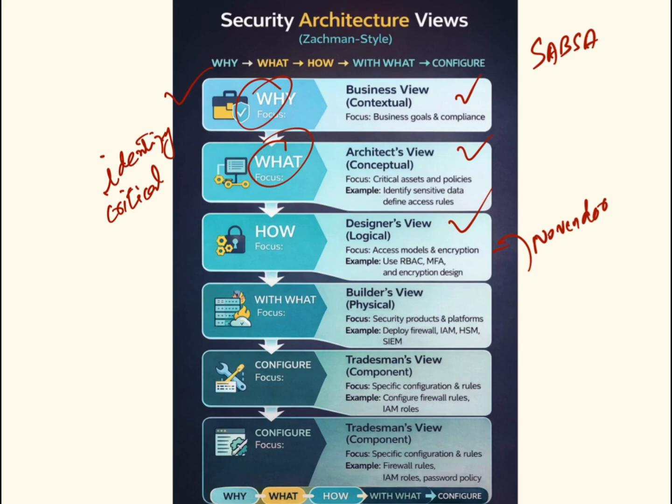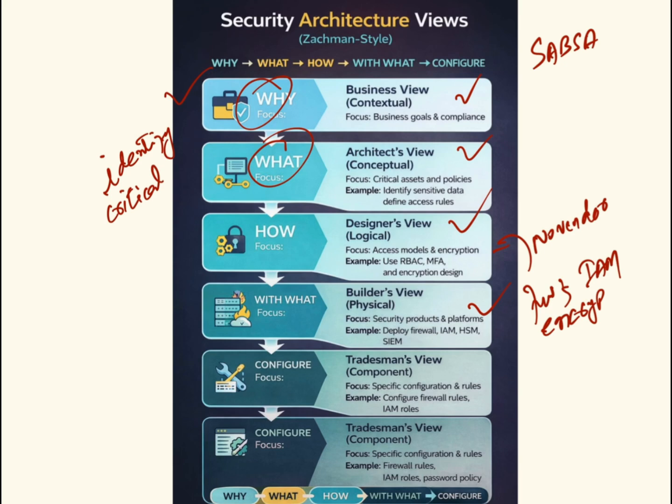So what needs to be done? Then builder view, the physical layer. With what technology do we implement it? Install firewalls, right? Encryption, identity access management systems, right?